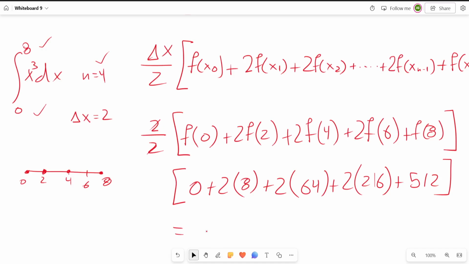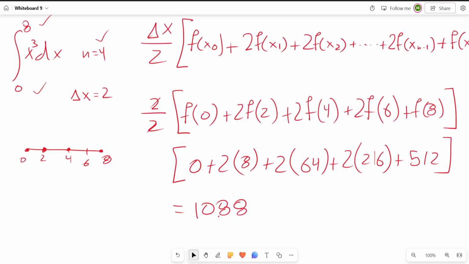So from here, you can see that the answer is basically 1088. It's also an approximation. It's not the exact value, but you can see that this is also another way to estimate or approximate the value of the area under the curve.